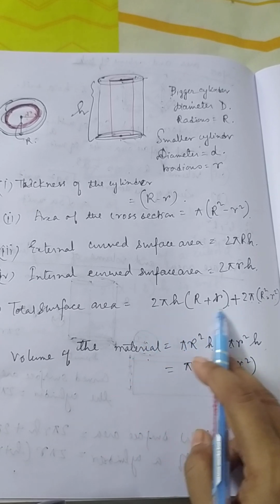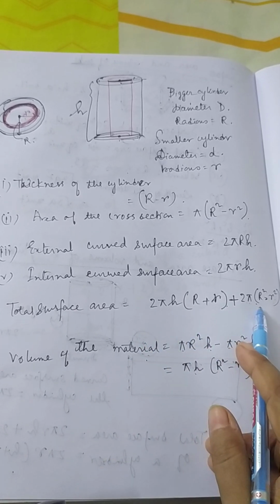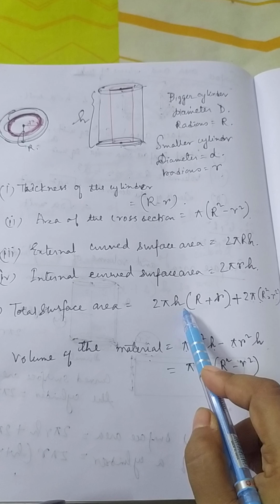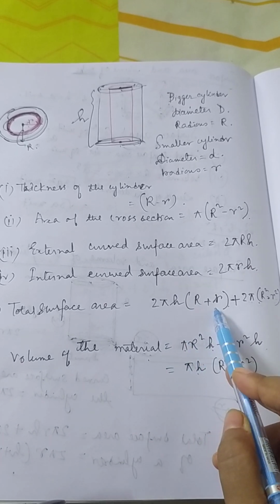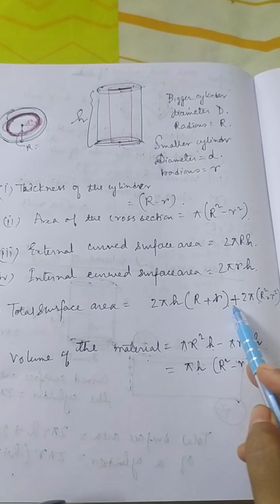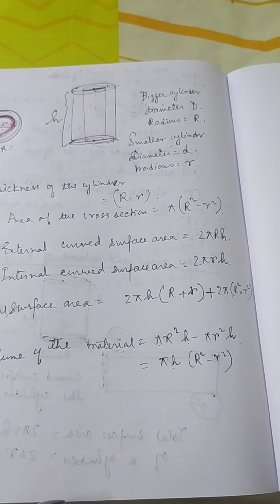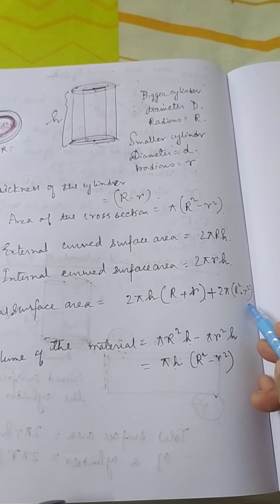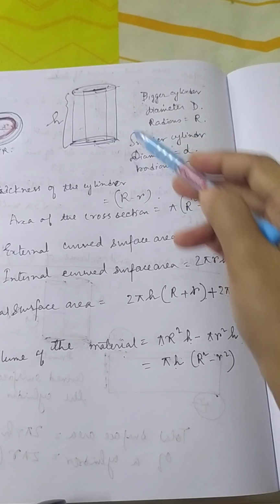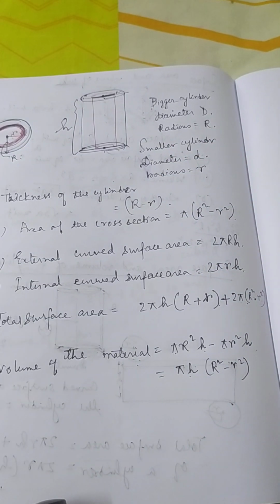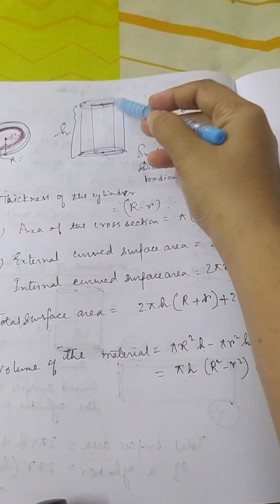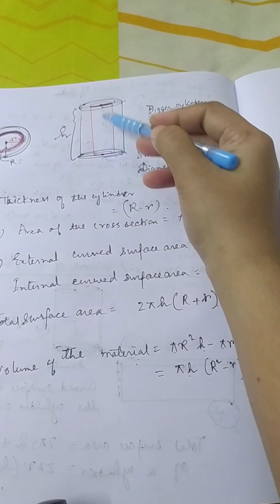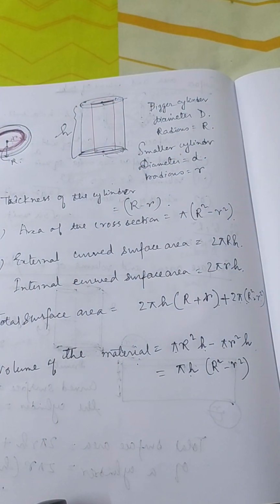While taking common, we will get 2 pi h within bracket capital R plus small r, plus 2 pi within bracket capital R square minus small r square. This we have taken because whenever we consider the total surface area, we take into consideration the top and bottom side of the circle, right?